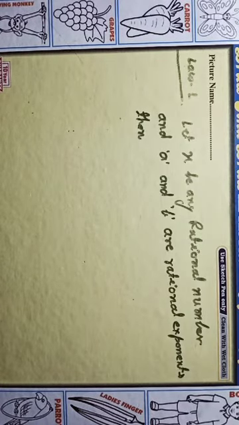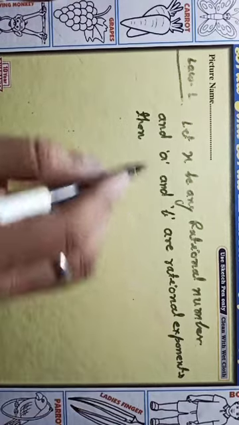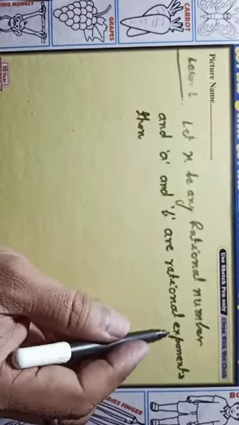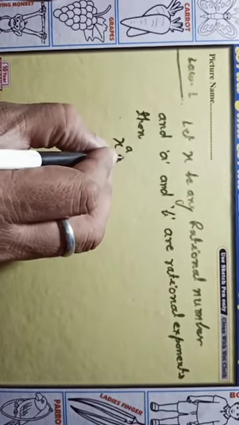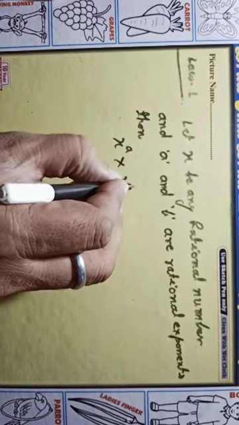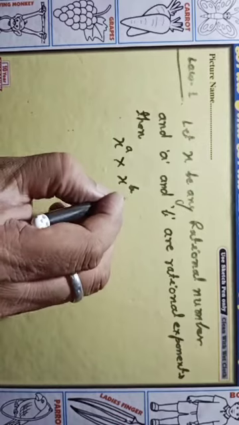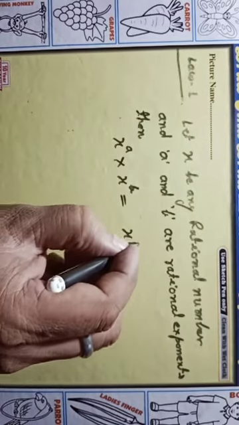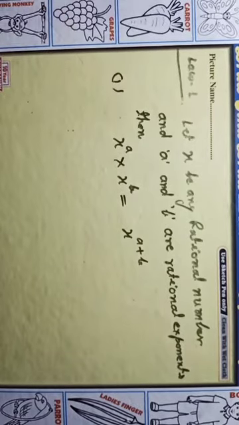Now the laws of exponents. Suppose that x is any rational number and a and b are rational exponents. Then x to the power a multiplied by x to the power b becomes x to the power a plus b. That is first.